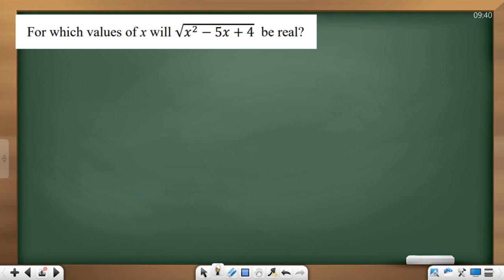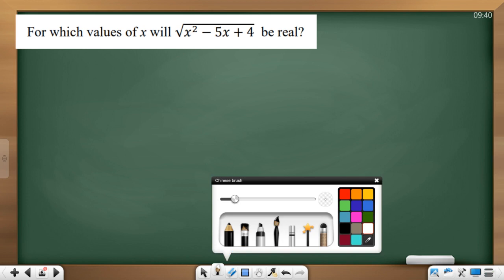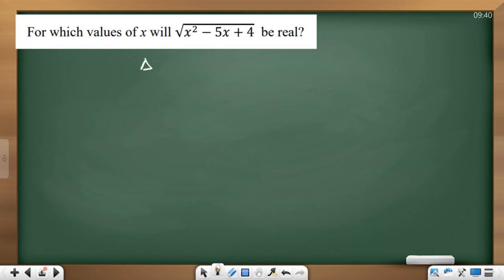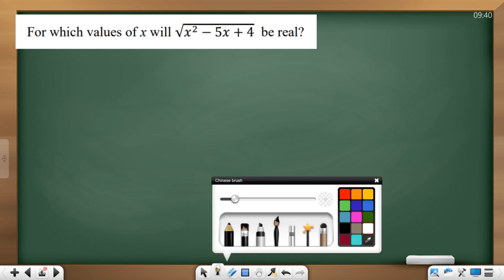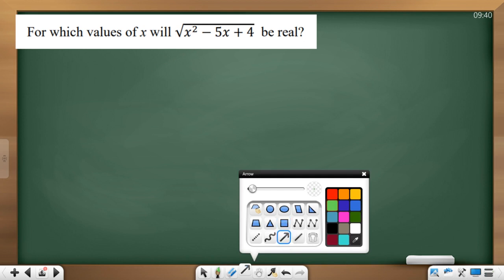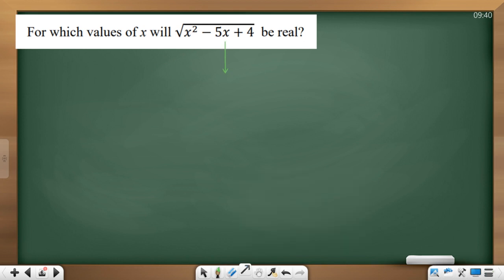All right, for this thing to be real, what do we know? Our discriminant must be greater than or equal to 0. And basically, look, what this examiner is saying in this case, let me even explain this, is that for this thing to be real, please understand what the examiner is asking, everything here should be what?